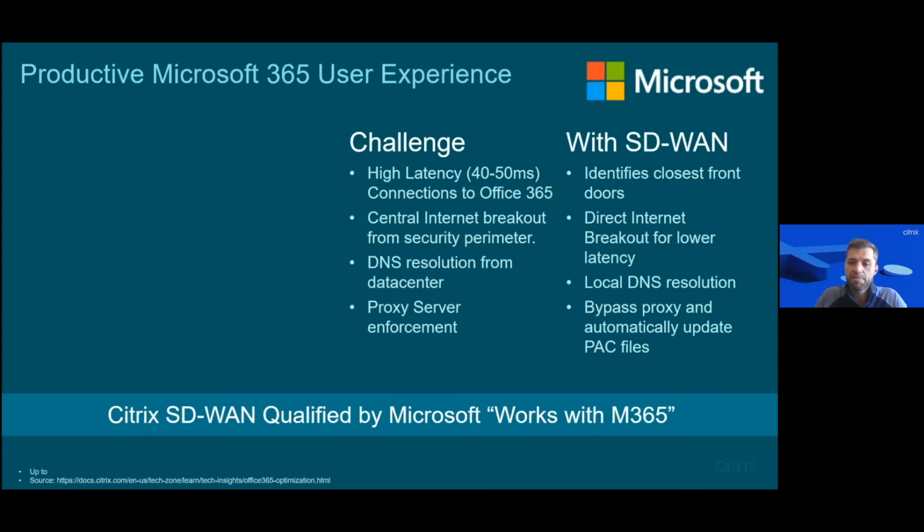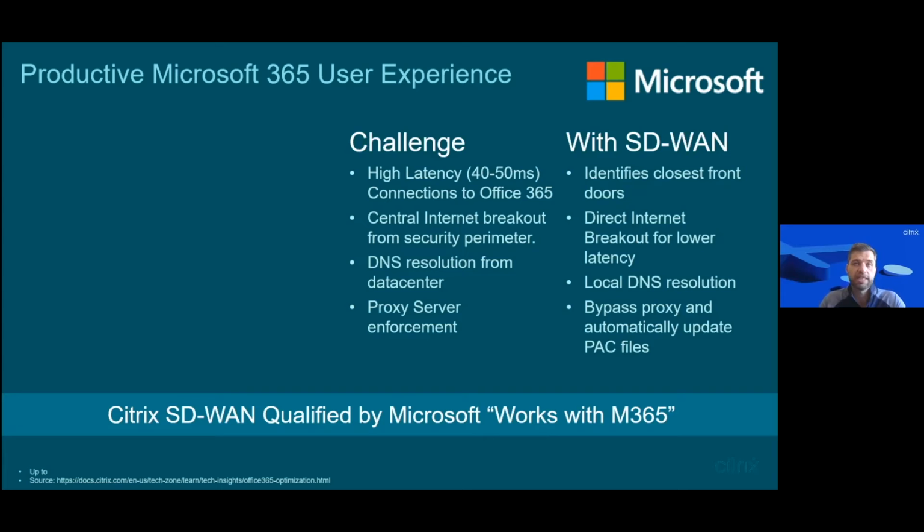So using APIs, our SD-WAN is able to identify dynamically the closest front door and then choose the path that's best for the lowest latency, lowest congestion for that connection. And this direct access to the internet is established with a built-in firewall that runs on the SD-WAN.